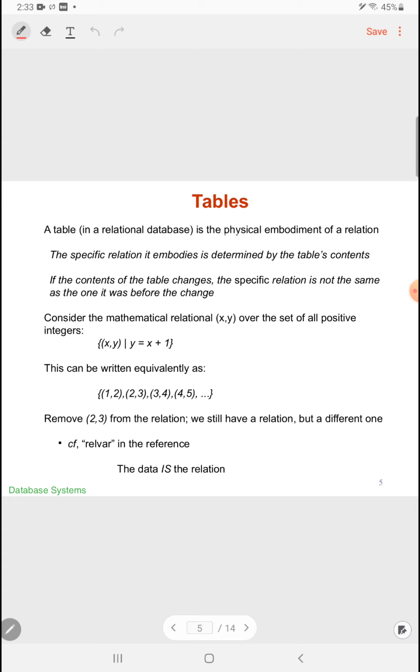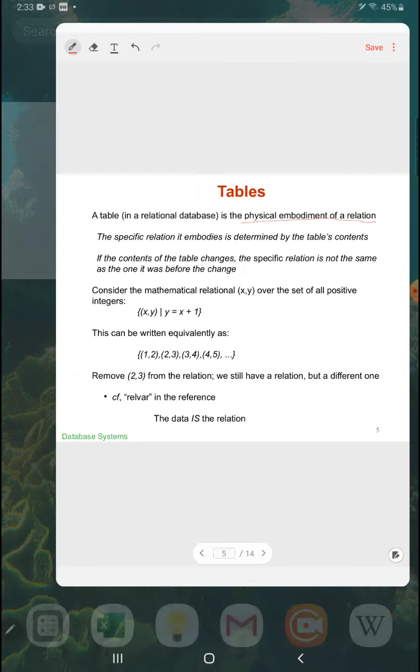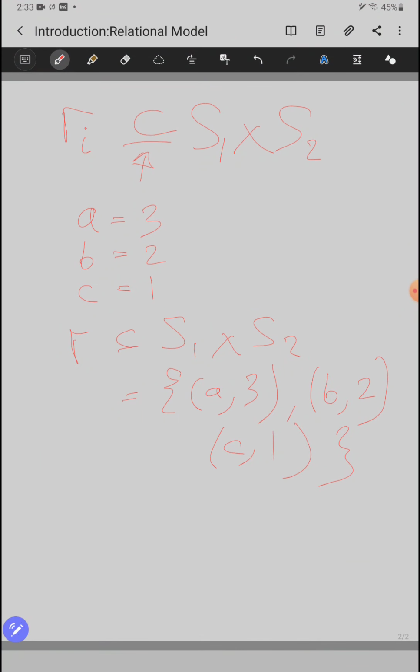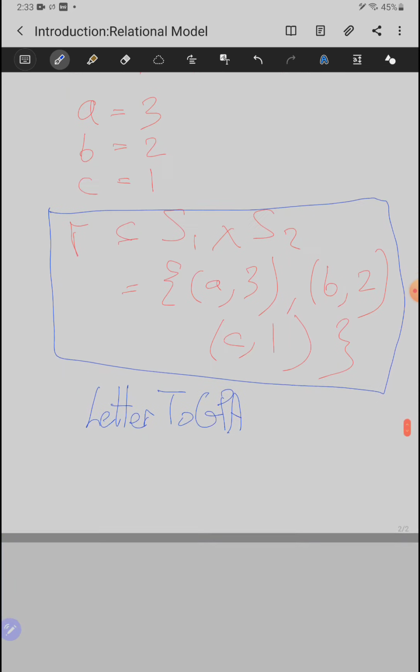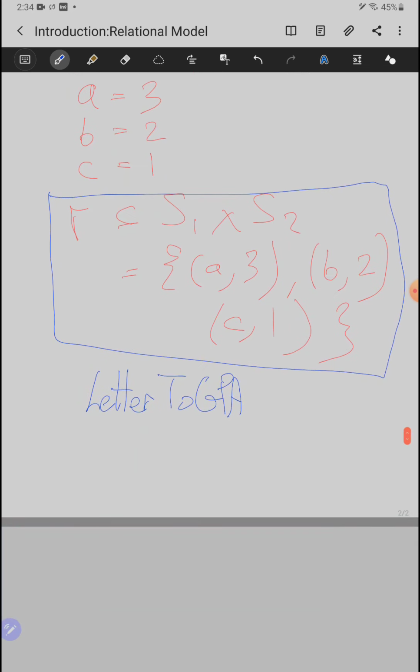So a table in a relational database is nothing more than the physical embodiment of a relation. So if we have this as our relation, we'll call this the letter to GPA relation.